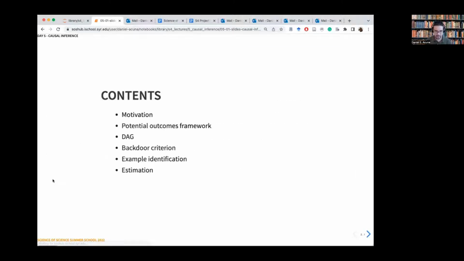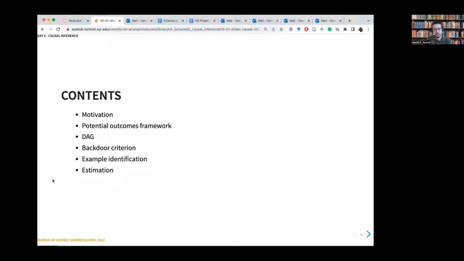All right. Okay, so the motivation, I kind of already gave it, that you want to find the causes rather than the correlations. I'm going to introduce a framework that was introduced 40 years ago or more about how to think about this statistically or operationalize causal inference.